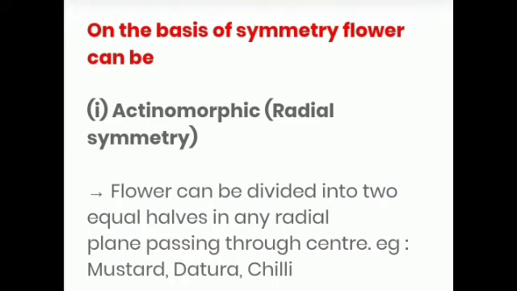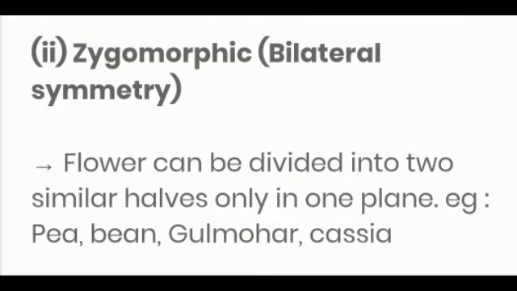Actinomorphic means the flower can be divided into two equal halves when cut lengthwise passing through the center. Zygomorphic means it can be divided into two similar halves only in a particular vertical plane. That is also termed bilateral symmetry.